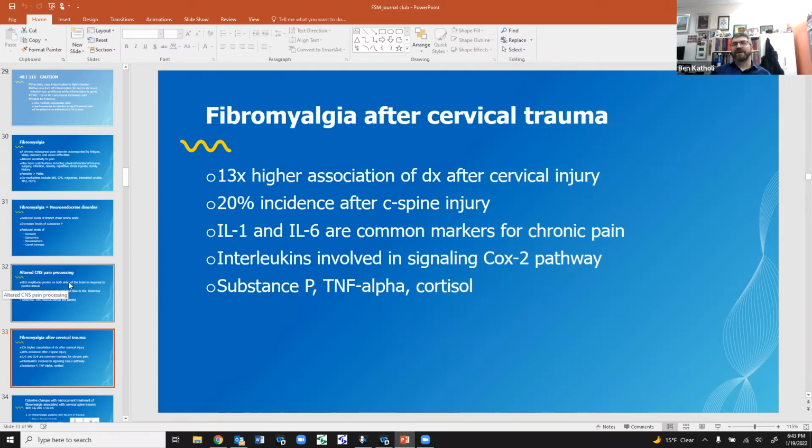In general, not just for fibro, but with longstanding chronic pain, people can have higher levels of inflammatory cytokines. Interleukin 1 and 6 are often studied in arthritis and a number of other disorders, and they're measured as acute markers for how treatments are affecting people.